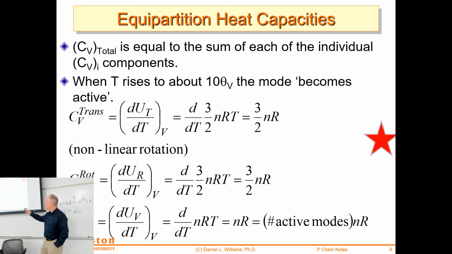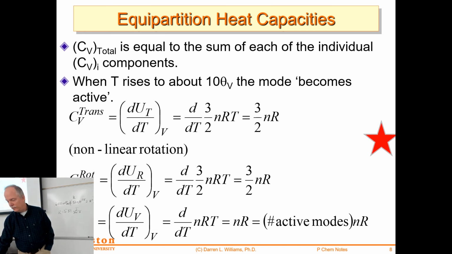And then notice down here is the number of active modes. So you could have up to 3n-6 there, but you almost have zero. You have 0 on most molecules. Like water, it'd be 0 active modes. To activate that mode, you need to be at 10 times the vibrational temperature. And that's just not going to happen.